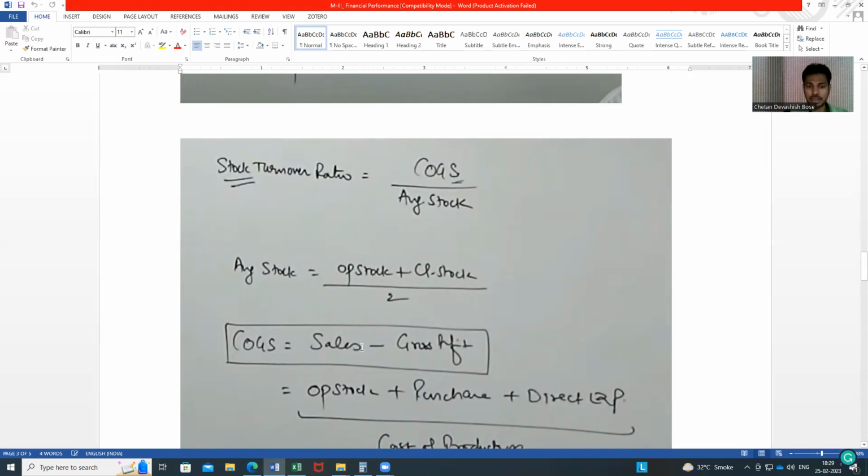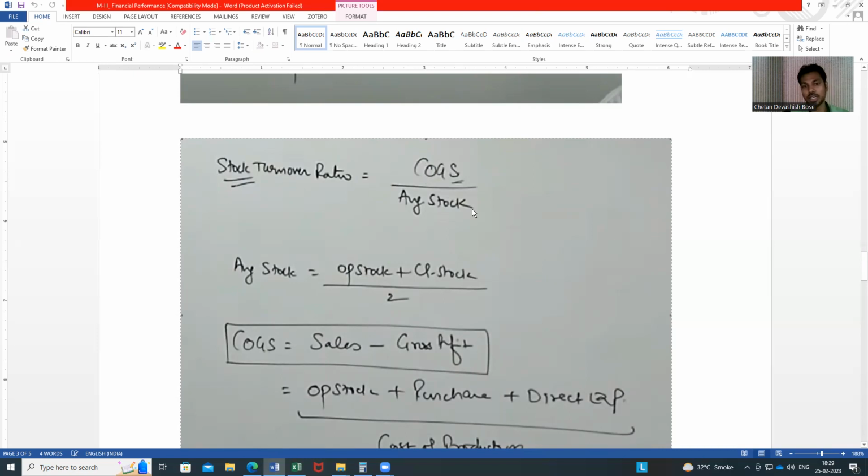So if we remove gross profit from sales, we get cost of goods sold, which means we are recording sales at cost. Cost of goods sold is nothing but the amount of sales, but it doesn't include gross profit. So I am recording my sales at cost, because as I said, stock is always recorded at cost. So instead of sales upon stock, here we write cost of goods sold upon average stock. Why not stock? Because we have two types of stocks.